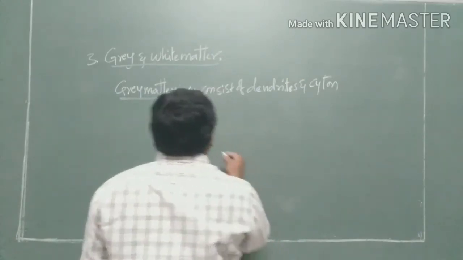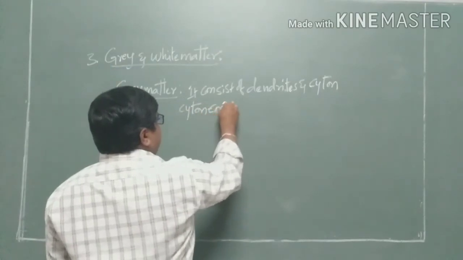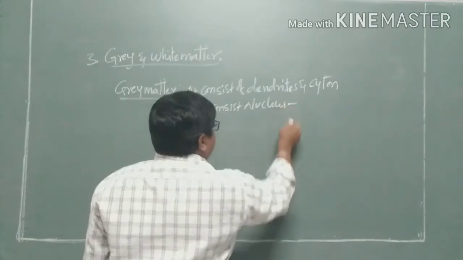In the cyton there is a nucleus, and the nucleus is gray in color.